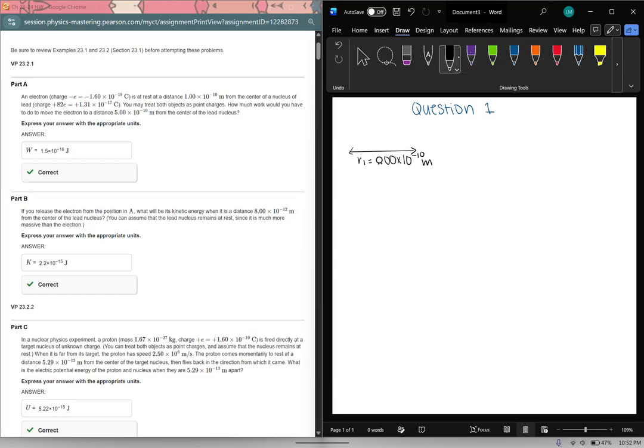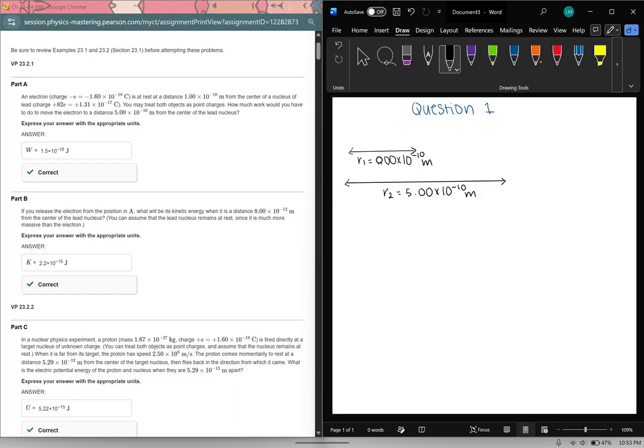Then we're going to do the second distance, which is how much work you would have to do to move the electron to a distance of 5.00 from the center of the lead nucleus. I'm just going to do my best to draw it. So 5.00 times 10 to the power of negative 10 meters.